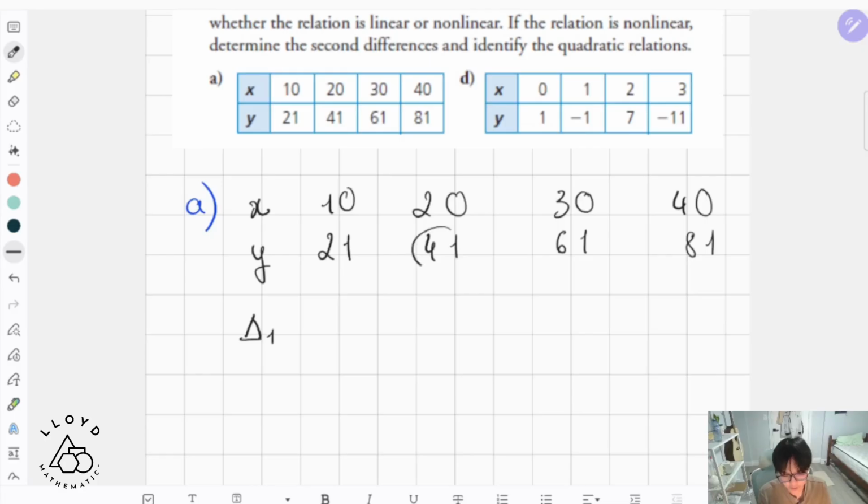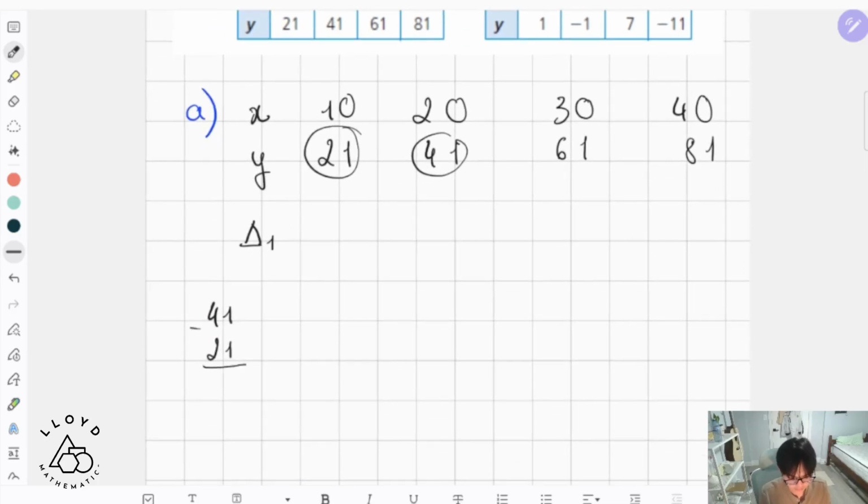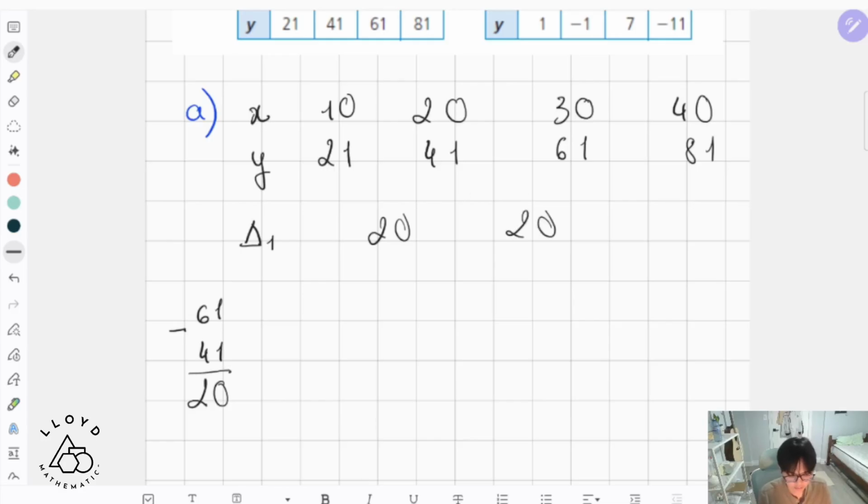So 41 minus 21 is 20. And 61 minus 41 is 20. And then lastly, we take 81 minus 61, which is also 20, right?